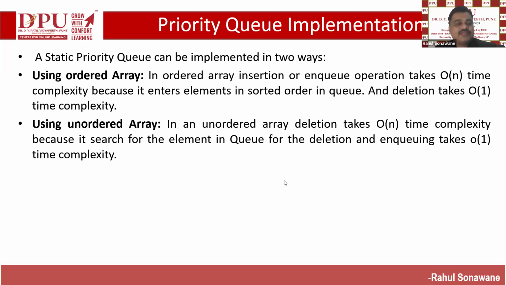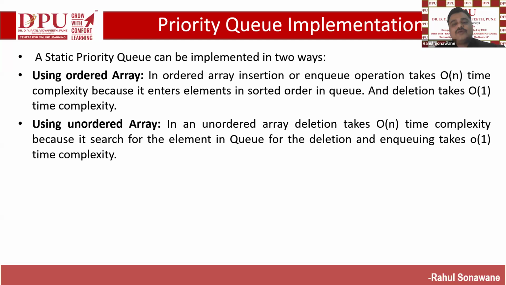Okay. Now the next one is, if you don't have an ordered array, or the data is not inserted in a particular order, either ascending or descending, then we can have the unordered array, like our usual regular array, right? So in an unordered array, deletion is going to take big O of n time complexity.